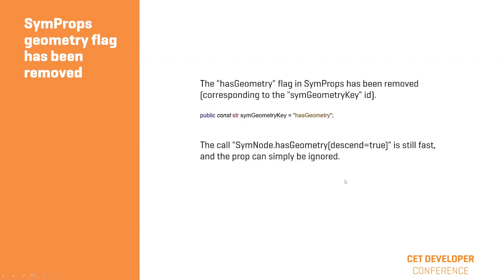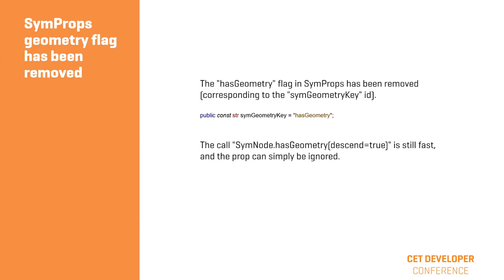Yeah. Yes. So we have also removed a geometry flag called sim geometry key. This also shouldn't be an issue for you guys because you should use the sim node.has geometry. I think that's the normal case.